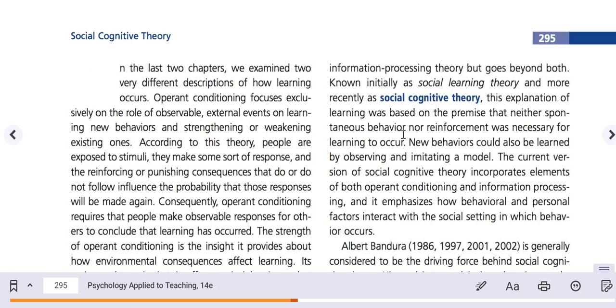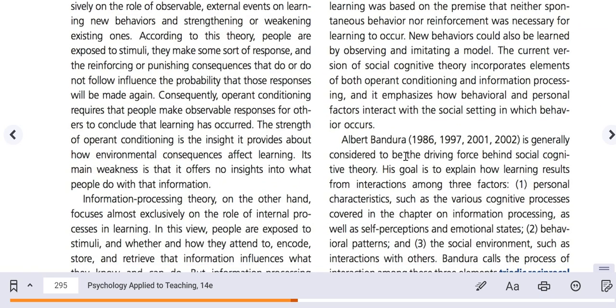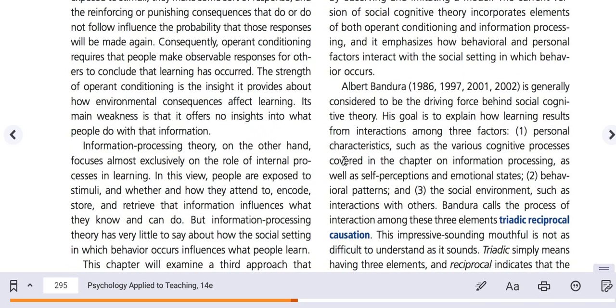Consequently, operant conditioning requires that people make observable responses for others to conclude that learning has occurred. The strength of operant conditioning is the insight it brings about how environmental consequences affect learning. Its main weakness is that it offers no insight into what people do with that information.